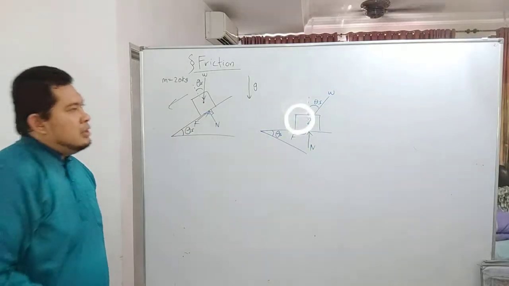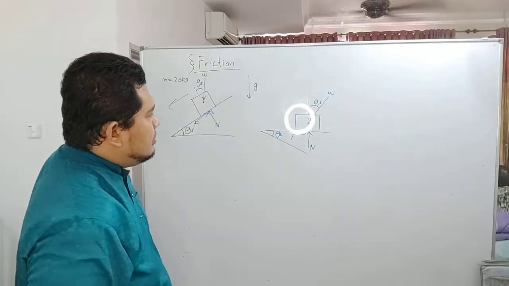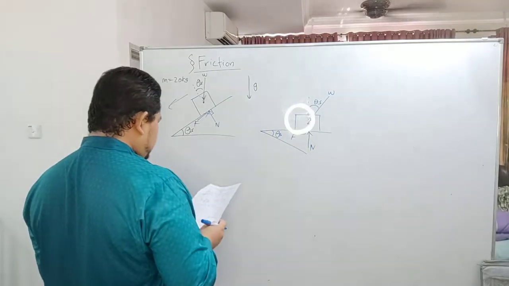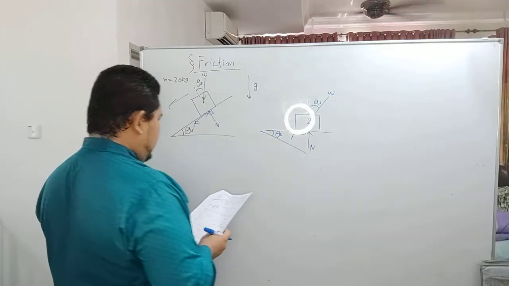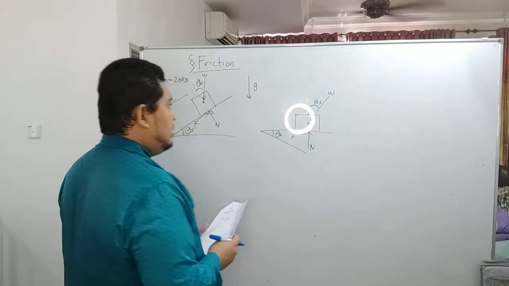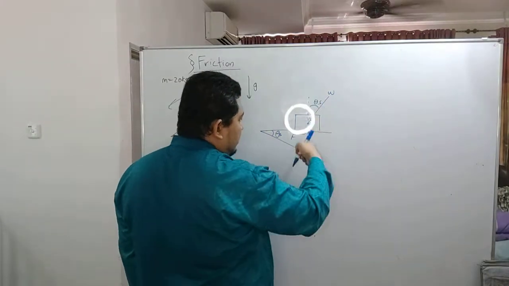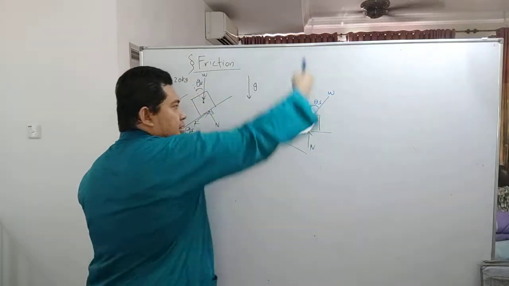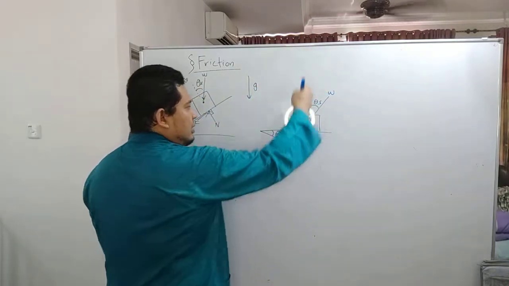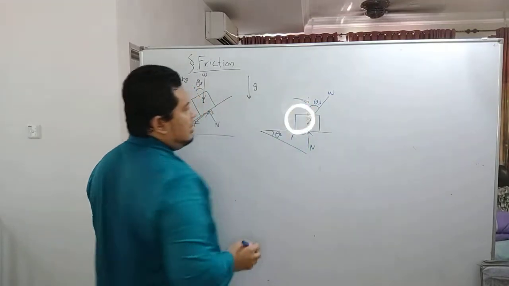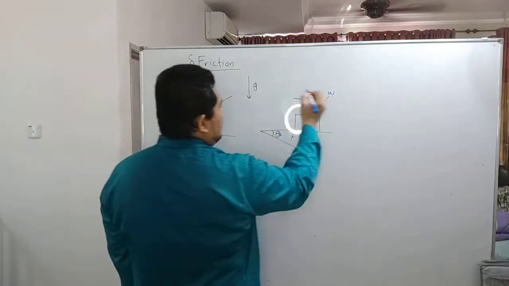Right now over here you need to apply the load, and to apply the load you need to have the normal force over here. The normal force needs to be perpendicular to the contact surface. That means you need to calculate the force over here.